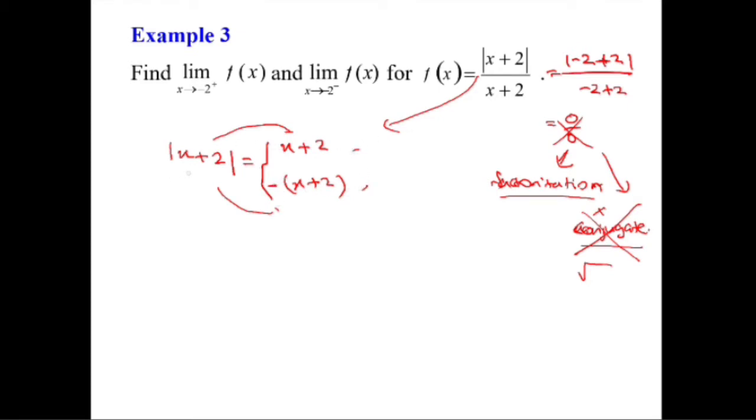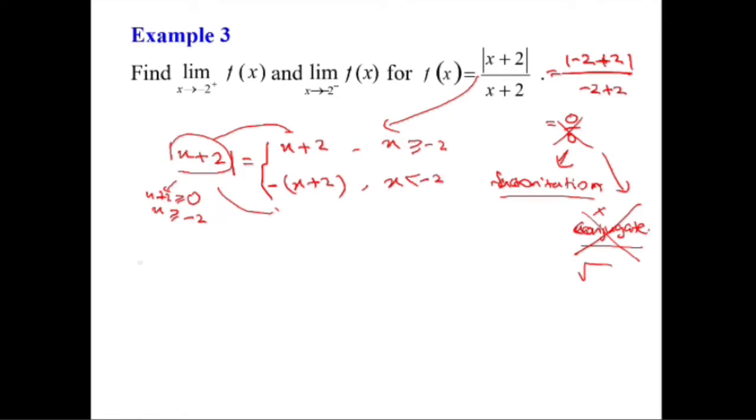Next, just equate x plus 2 and write it greater than or equal to 0 to find your first domain. When you bring positive 2 to the right side, you get negative 2. So the other piece of the function would be the opposite. If this is greater than or equal, the opposite is just less than negative 2.